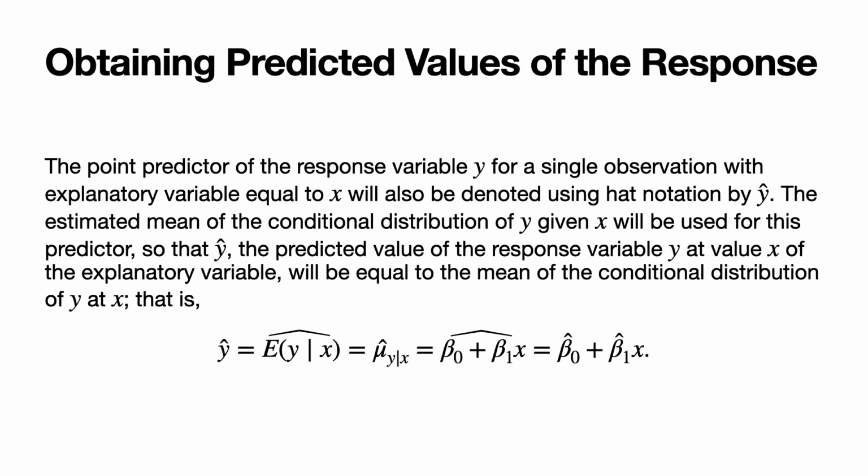In other words, y hat, which again is the predicted value of y at a given value of x, will be set equal to the estimated mean of the conditional distribution of y given x. And that is equal to beta 0 hat plus beta 1 hat times x.